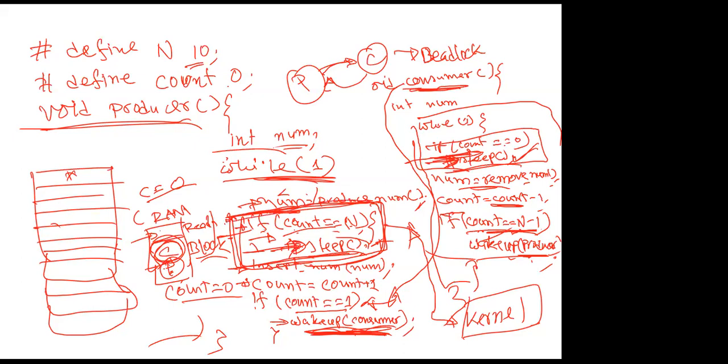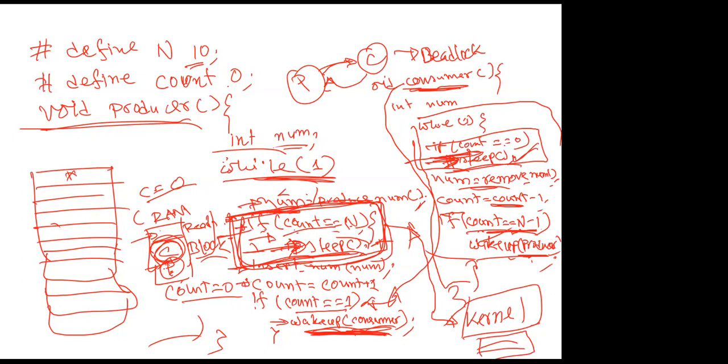Let's say these two lines of code are implemented as a function inside the operating system kernel. Once you call this kernel function, it never gets preempted until it completes.